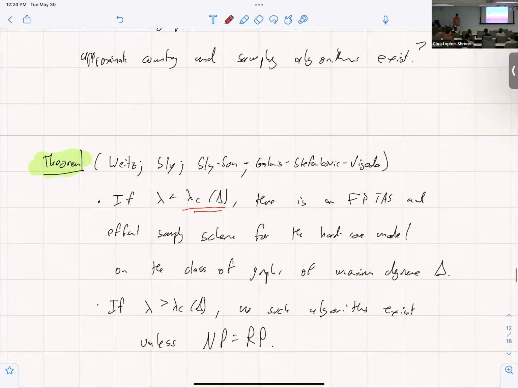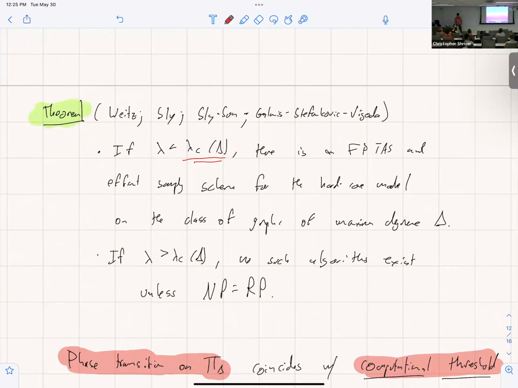And what the theorem says is if lambda is less than this critical value, then there are efficient algorithms for these problems for the hardcore model on the entire class of graphs of maximum degree delta. So look at all possible worst case graphs which have max degree at most delta, then you can do these problems efficiently if lambda is less than lambda critical.